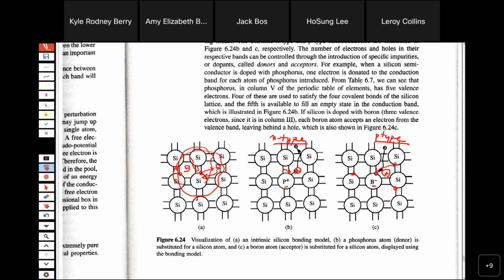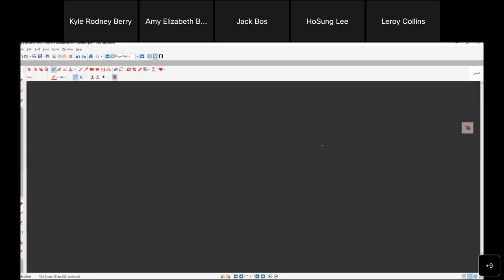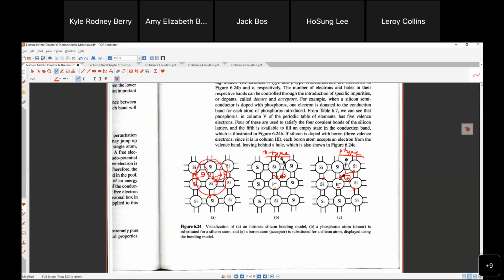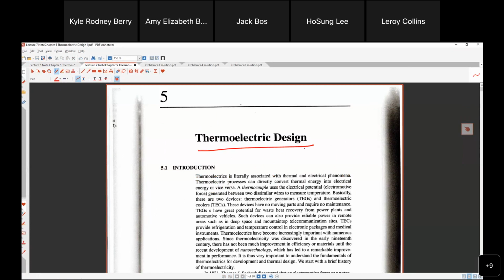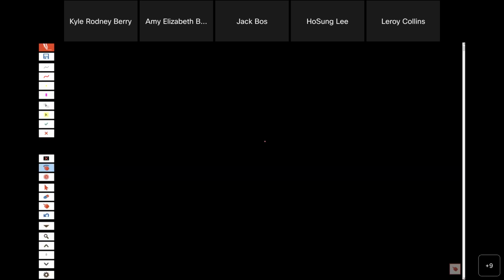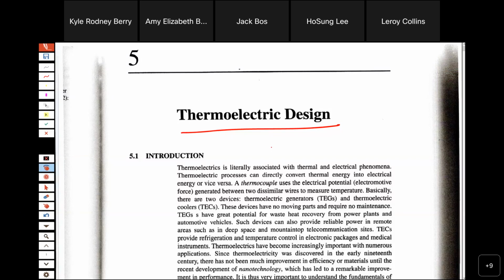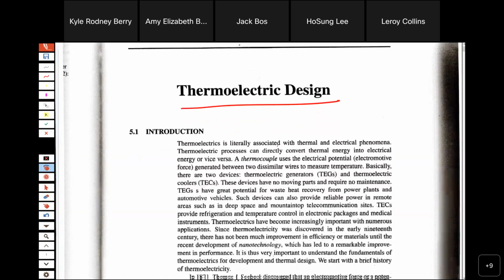I think I just wanted to give you some introduction about physics. Now we'd like to move on to thermoelectric design. Okay. So here, thermoelectric is basically, let's look at it.